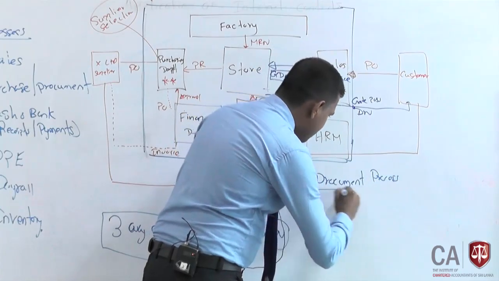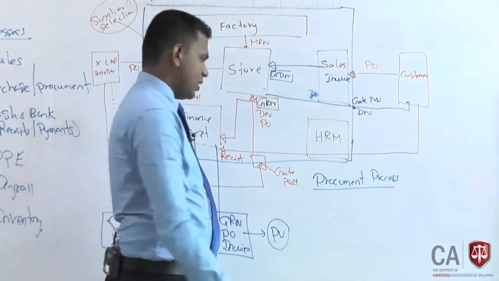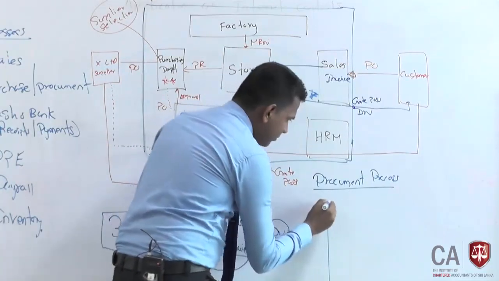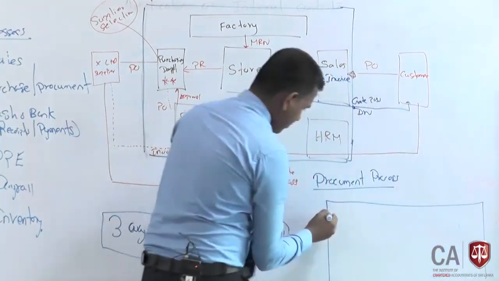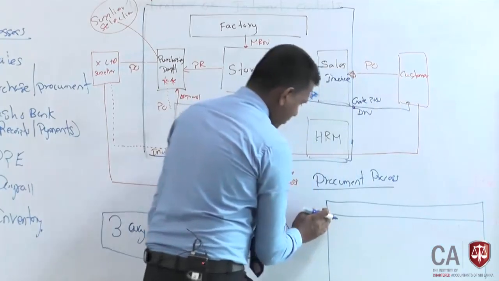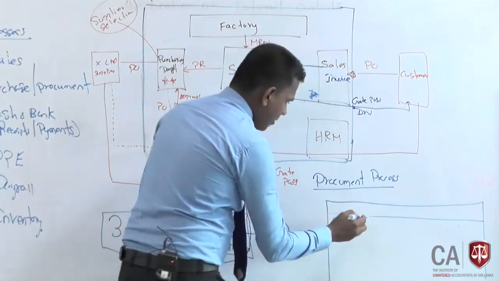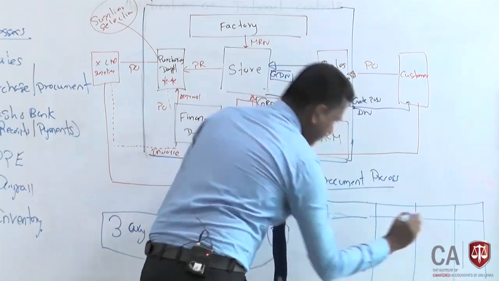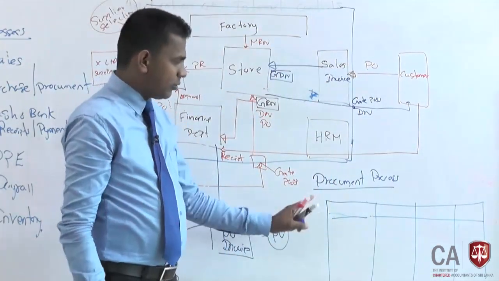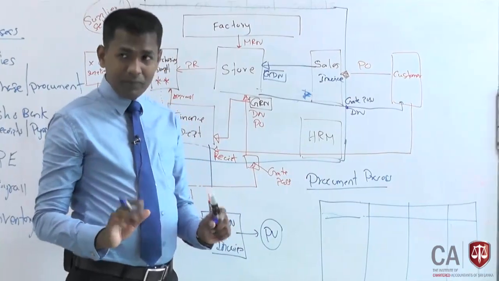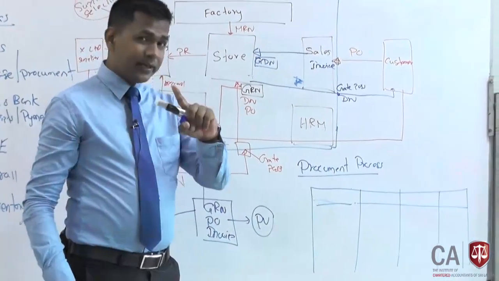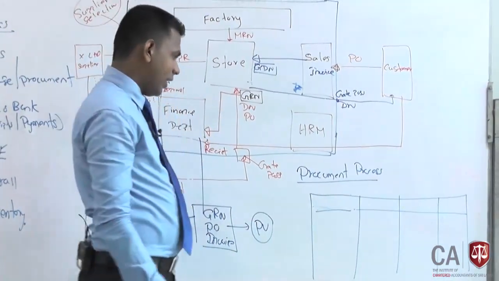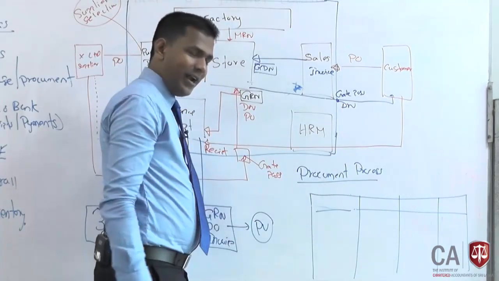In terms of the procurement process, you need to prepare a short note. In that short note there should be 4 columns. The similar short note I gave you for Code of Ethics also. I hope you might have already done that now.